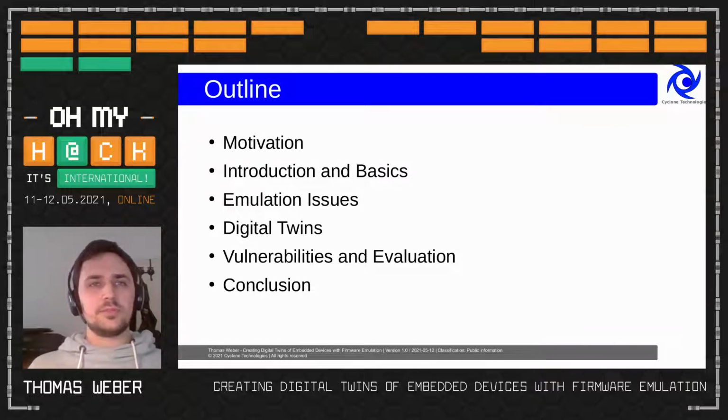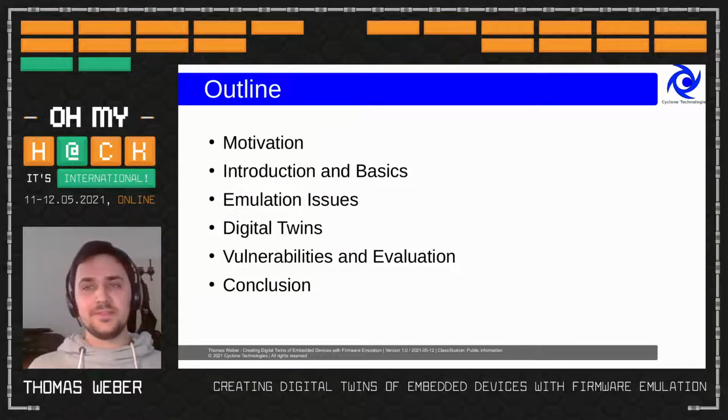So, a short outline of my talk. The first thing is the motivation: why do we want to do emulation of embedded devices? Then a short introduction and basics, also emulation issues, then digital twins, which I have prepared for this talk and which are running in the background.